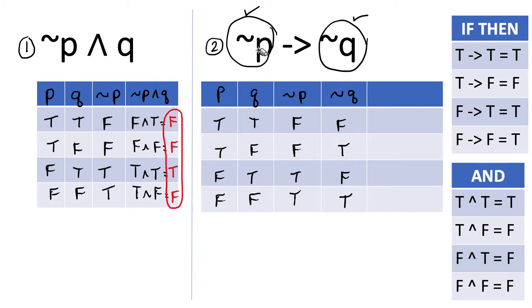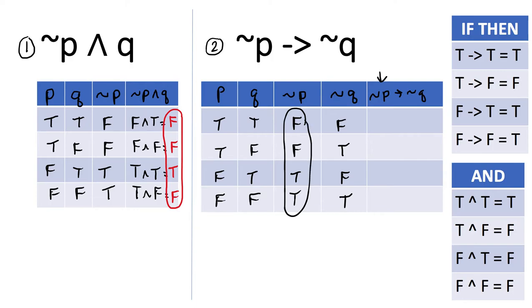Once that's done, we have the left side done and the right side done. We're ready to put them together into our final column. So we'll begin by copying the negation of P values underneath this not P. So F, F, T, T. We'll put our symbol in, which is the arrow in this case. And then we'll copy the negation of Q values.